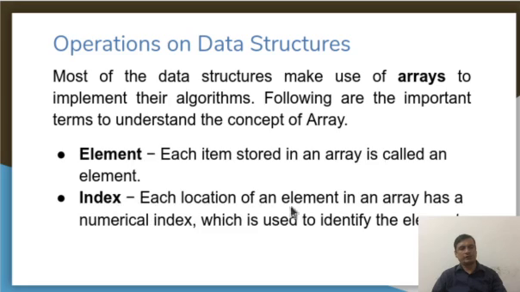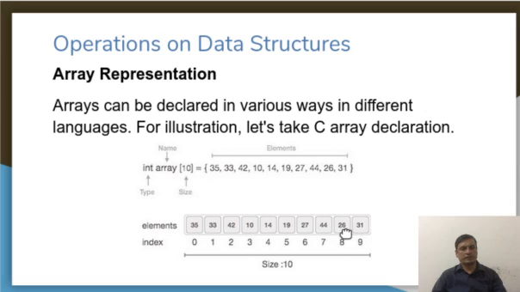Each location of an element is going to have a numerical index to identify that particular element. So you need to keep in mind element and index and the respective representation. We always concentrate on the C language syntax and semantics.